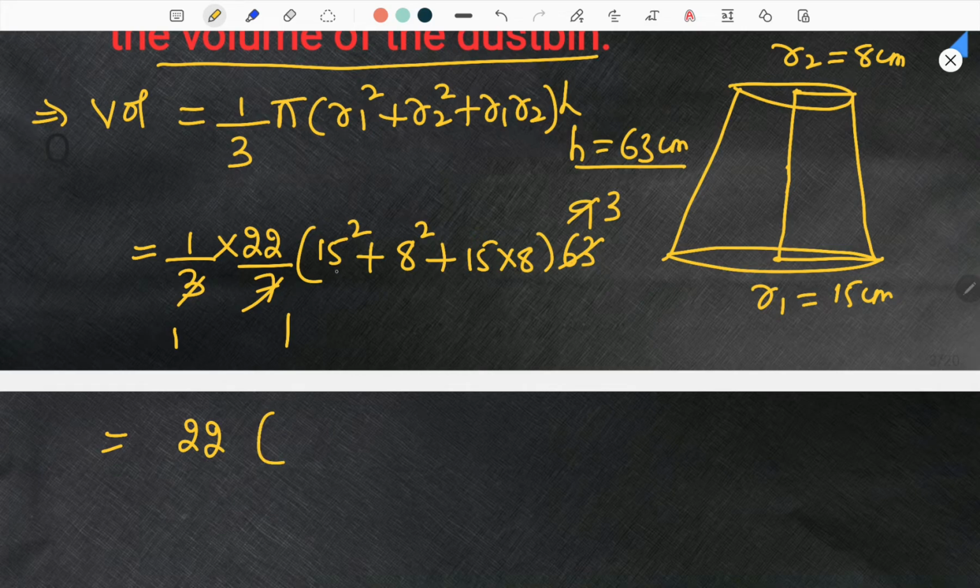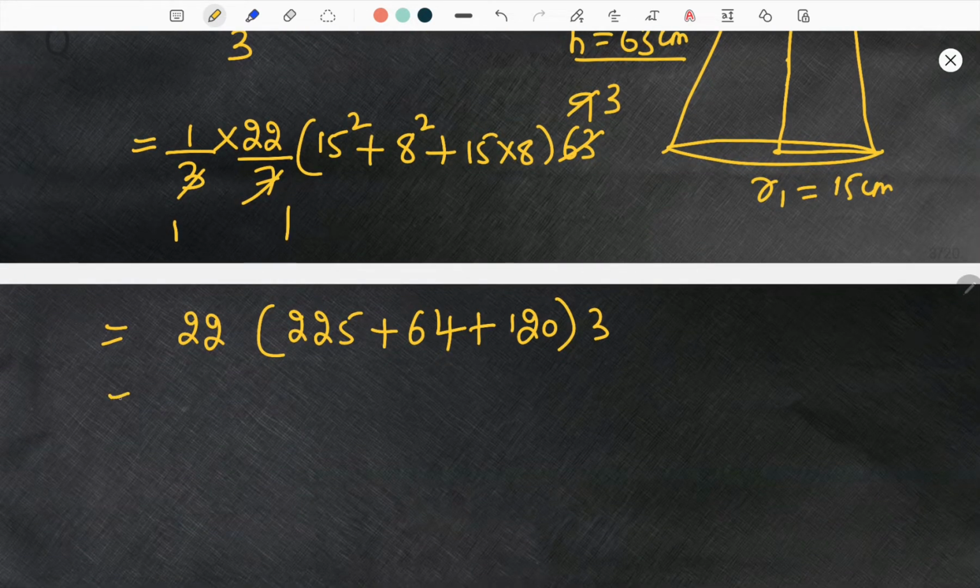Then in bracket 15 square is 225 plus 8 square is 64 plus 15 8s are 120, into 3. Nothing is there in the denominator. Now I'm going to get only one answer here, no? 5 plus 4, 9, 9 plus 0, 9 here. Then 2 plus 6, 8. Otherwise, you can come in reverse also.